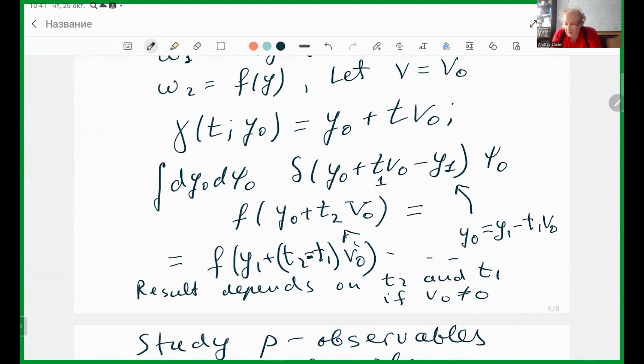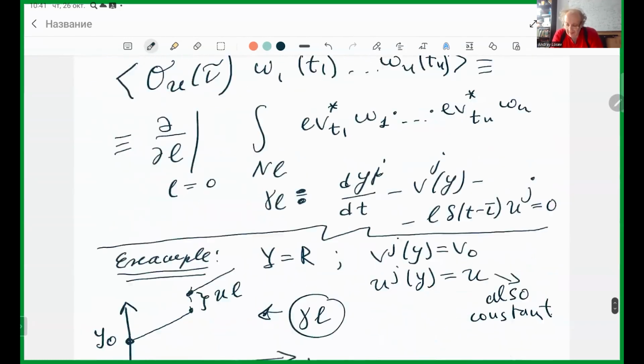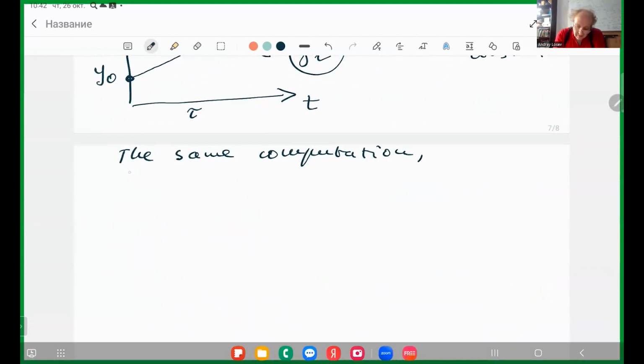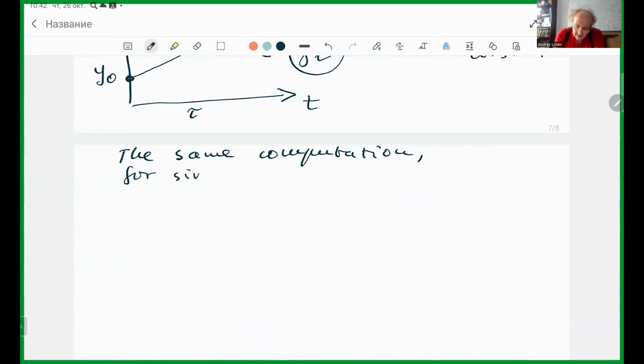You see here, y0 was y1 minus t1 v naught. For simplicity, take t1 equal to 0.